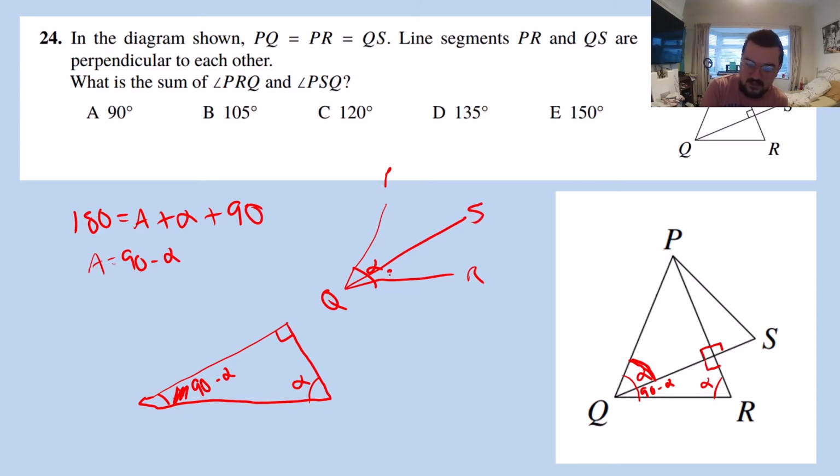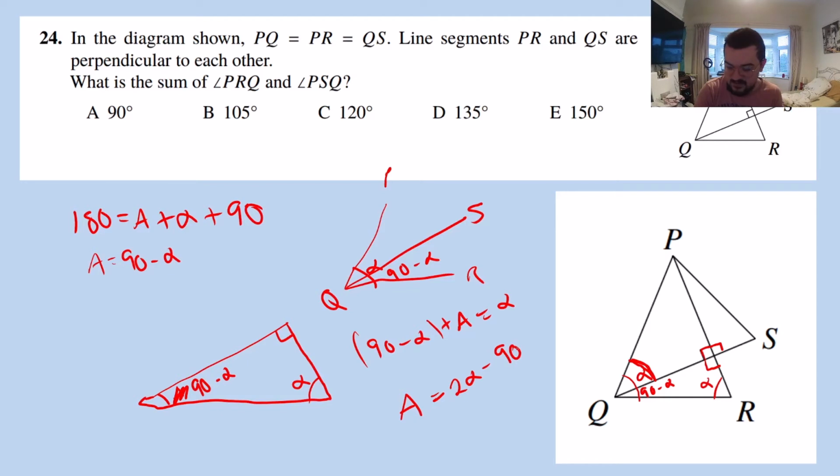We know that this angle is 90 minus alpha. So 90 minus alpha, plus our unknown angle PQS, equals alpha. At this point, we just solve for it again. We take 90 off both sides, we add alpha to both sides. We can say that our angle PQS is 2 alpha minus 90.